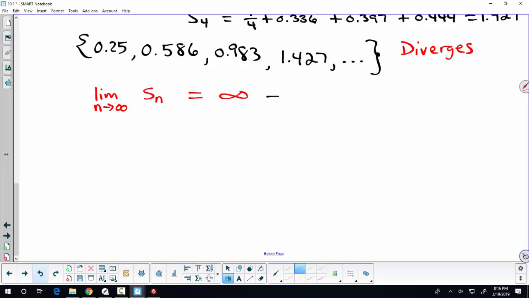Okay, so we're just building off the definition. We didn't come up with an explicit formula for the nth partial sum. We just looked at those things explicitly.